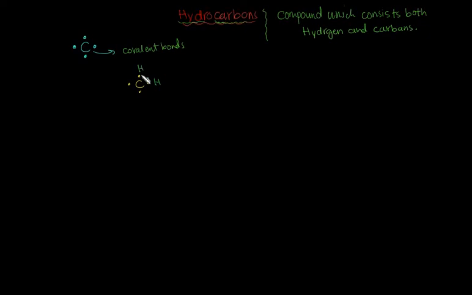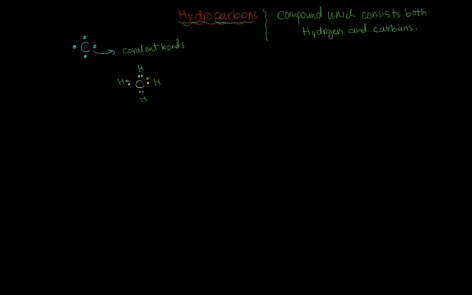This is the hydrogen, and this is another hydrogen, and the last one. So here you can see that carbon became more stable after these 8 valence electrons surrounded it.